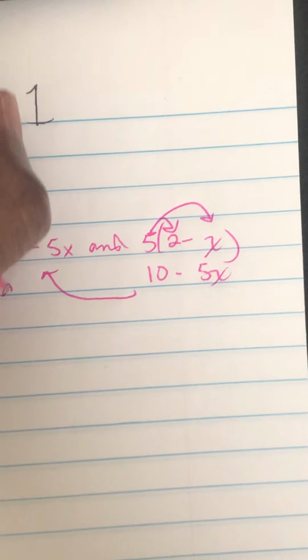When we distribute the 5 outside, it equals the same thing, 10 minus 5x. So these are the same, therefore it is D.